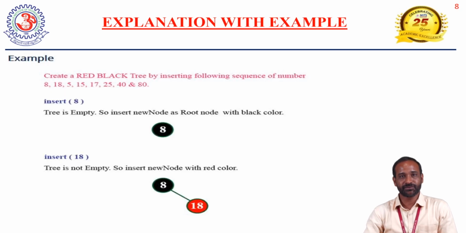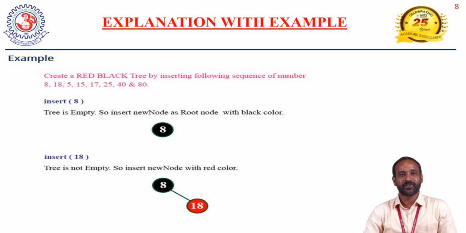Now coming to the example. This is a real-time example. I'm going to explain with an example how to insert elements in a red black tree. Here we are taking some elements to perform the insertion operation. First of all, the first element is 8. The tree is empty, so the node should be black, right? So 8 should be black.